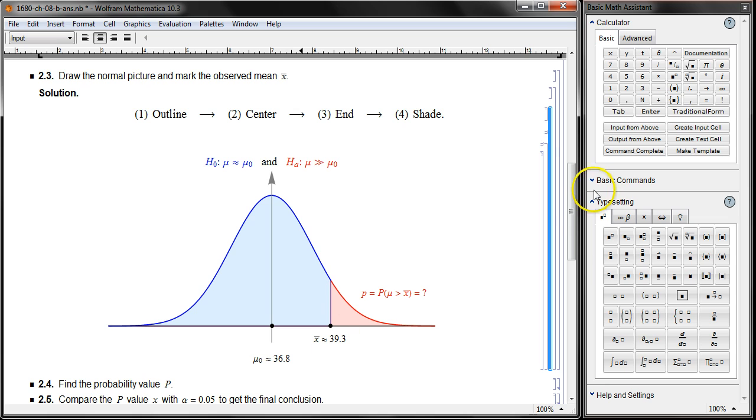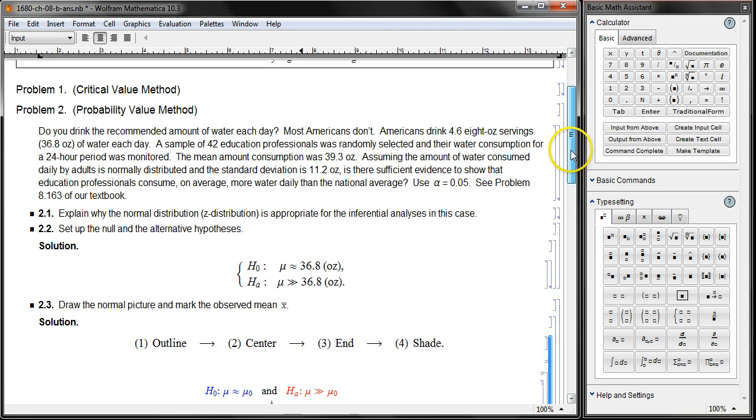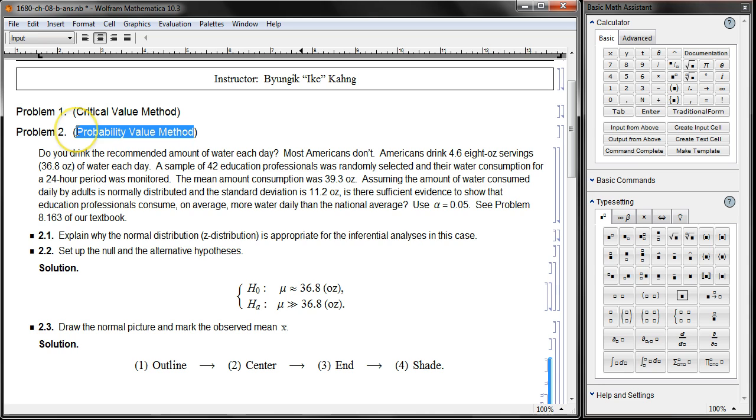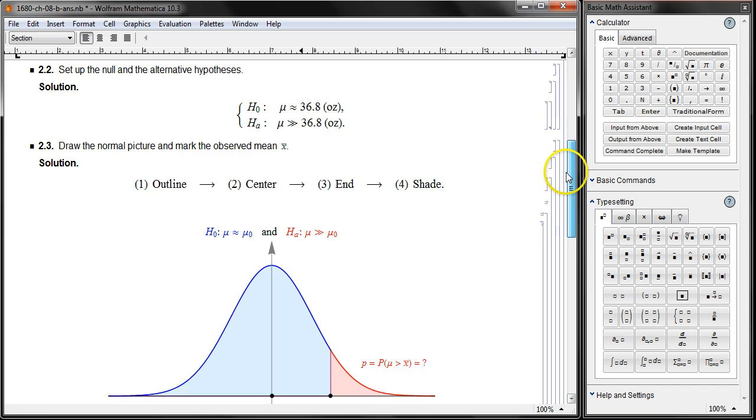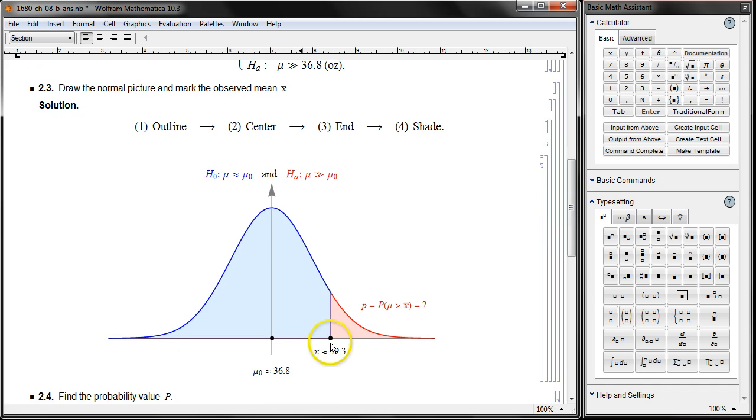The end is a little bit tricky here. We have to use the observed mean of 39.3. That is one of the essences of the probability value method. In problem 1, the critical value method, we used a different value. We used the critical value there. Here in method 2, we simply use 39.3 and just shade. Blue part and then red part.